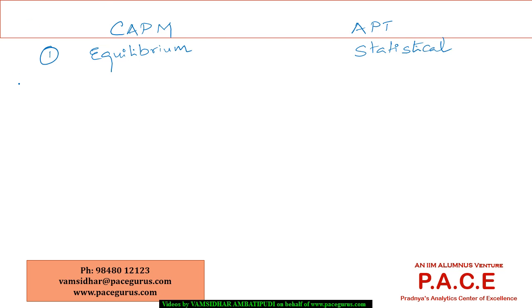Before I start applying the estimation of the beta and the CAPM equation, I want to give you some differences between the CAPM and the arbitrage pricing theory model. First, CAPM is more of an equilibrium model, whereas APT is purely statistical, because it asks you to consider different factors and build a model linking all the factors with different returns.